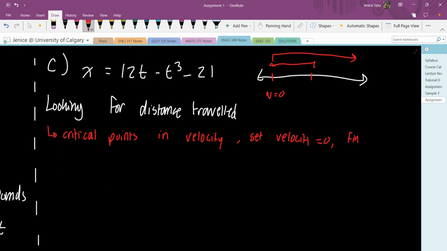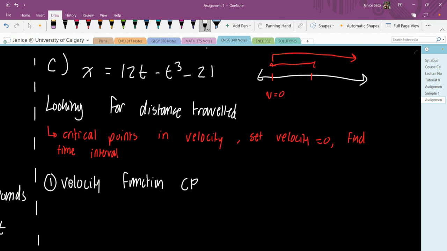And we have to find the time interval that the velocity equals 0 exists in. So because of that, we are going to start with our velocity. We're going to look for our critical values.